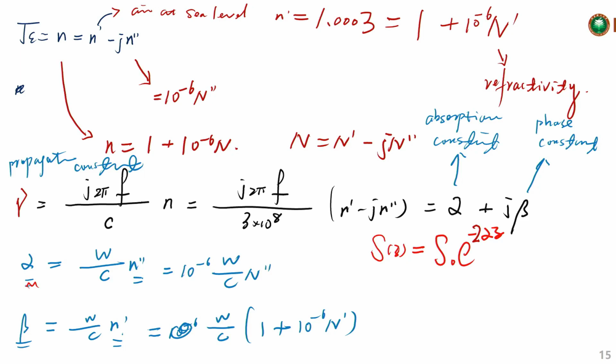So when I give you the refractive index of a material and want you to calculate the power loss when the electromagnetic wave propagates inside, you need to use the imaginary part of the refractive index to calculate alpha, and based on alpha calculate this term. So this equation is very important, and it is only valid when the medium is uniform.